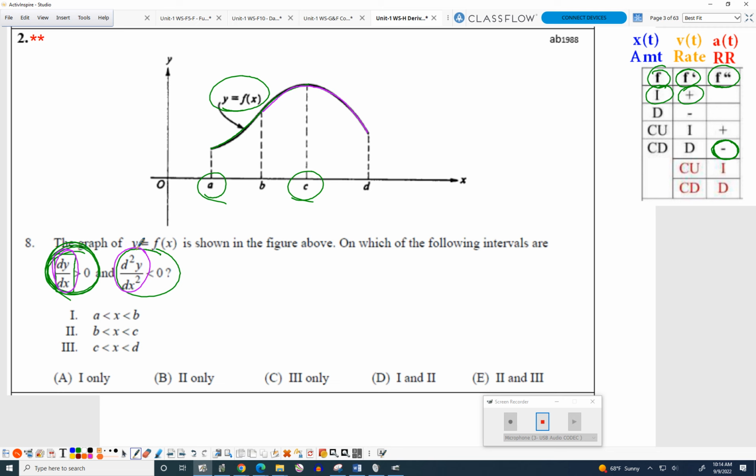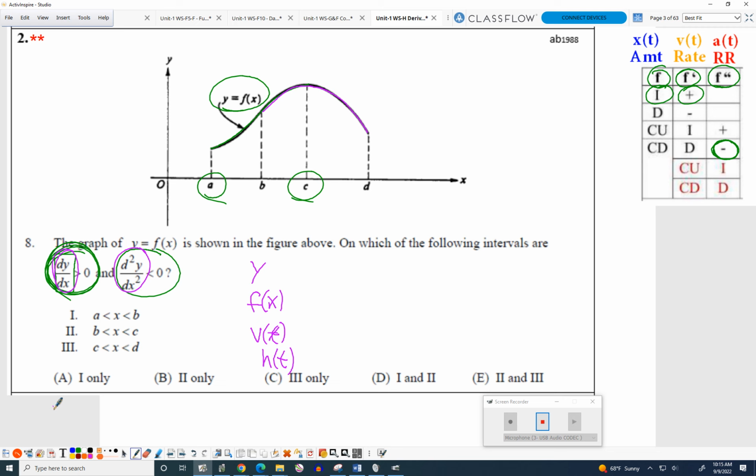Let me just list out some examples. They might call the function just y. They might call the function f of x. We might call it velocity, whatever, it doesn't really matter. Or h of t.